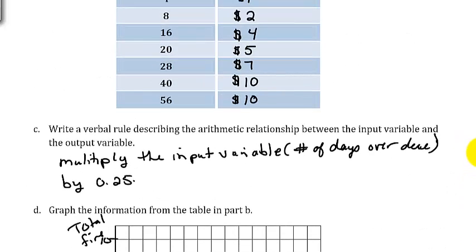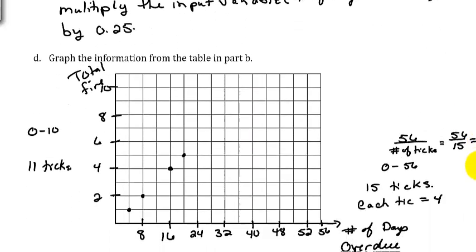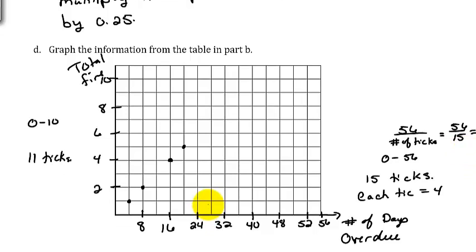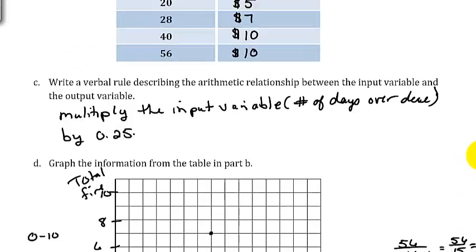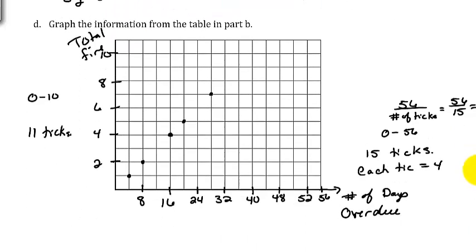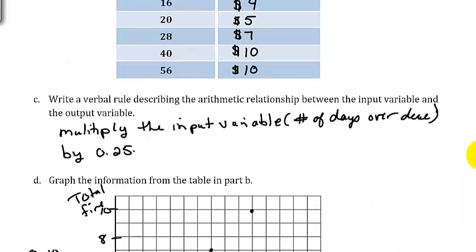And the next one after that is 28, 7. And then the next one is 40, 10. And after that, was it 56, 10? Yep.